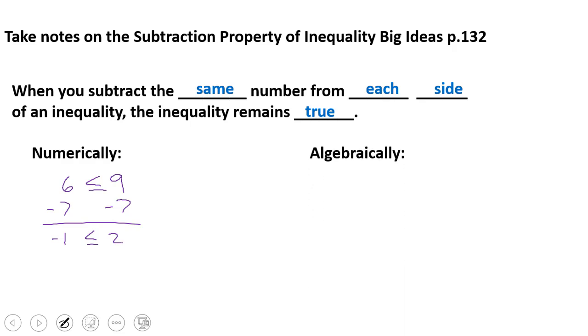Showing it algebraically, again, A is greater than or equal to B. If I subtract C from both sides, oops, C, not 6, C, then A minus C is greater than or equal to B minus C. Again, doesn't matter which inequality symbol we have. If I subtract the same number from both sides, the inequality will remain true.